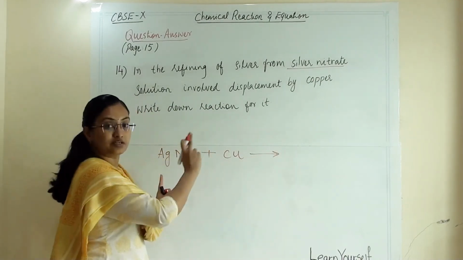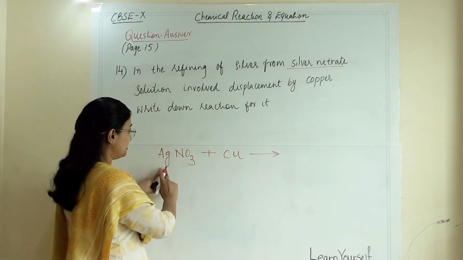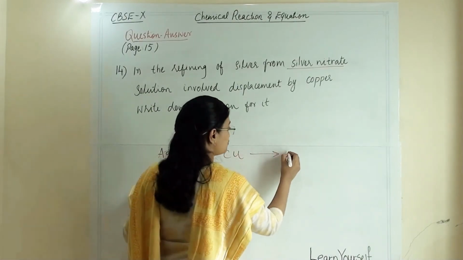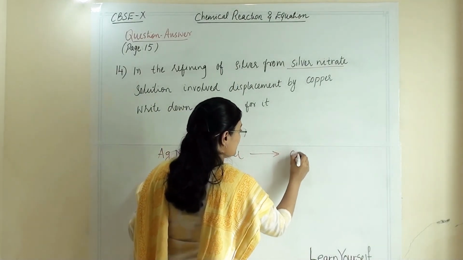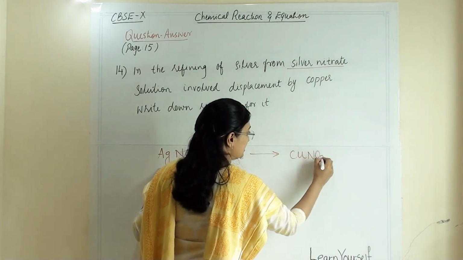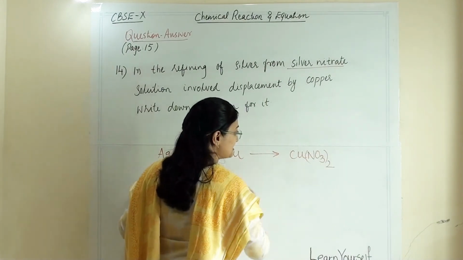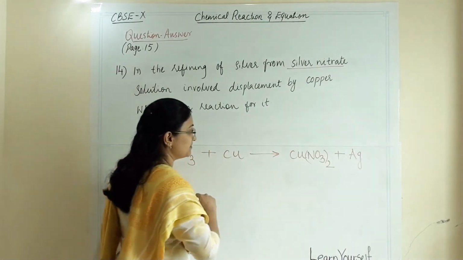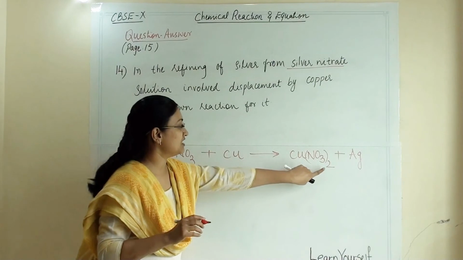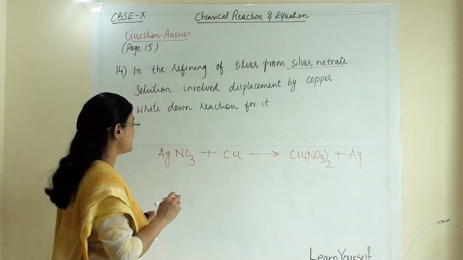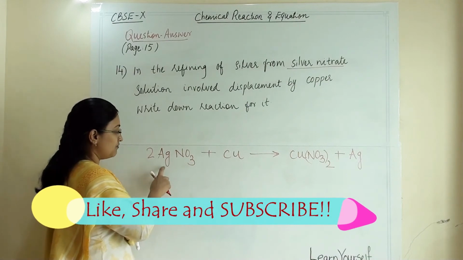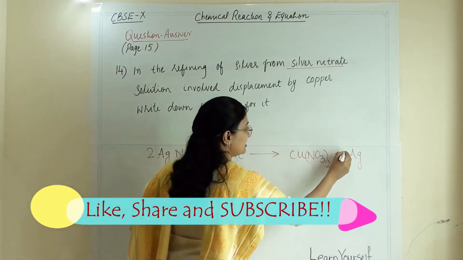So what reaction we will get after that? Here Ag will get displaced by Cu. So it will be CuNO3 and it will be twice, and then we will get Ag here. So now NO3 is 2. So we have to balance it by adding here 2, and by doing so we have made changes in Ag.